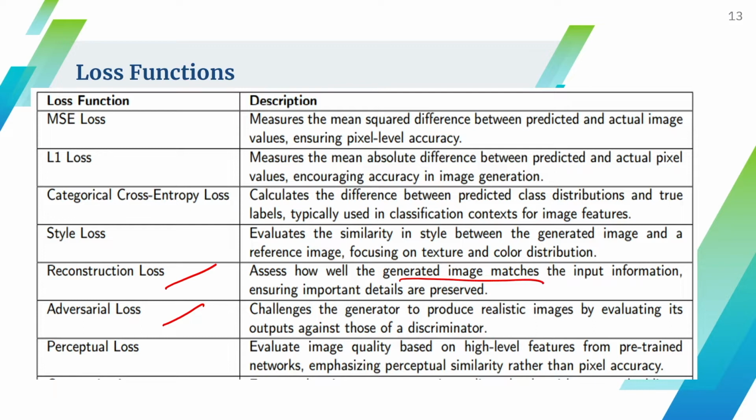In these cases, the loss function that has to be applied is the reconstruction loss. It focuses on how well the image matches the required input. Now, the adversarial loss methodology challenges the generator to produce a realistic image by evaluating the output against that of the discriminator. These are some of the methodologies which can be applied to text to image conversion applications or adversarial applications.